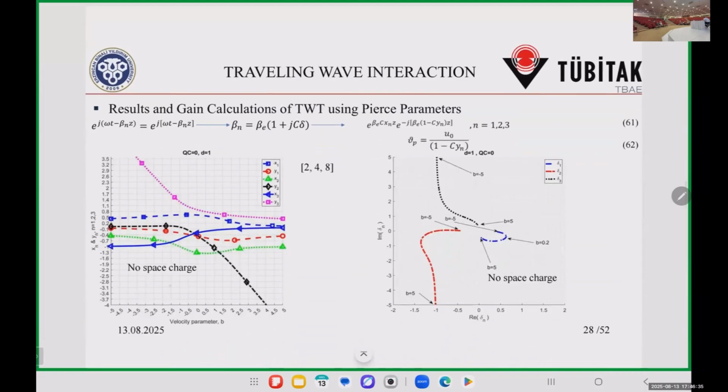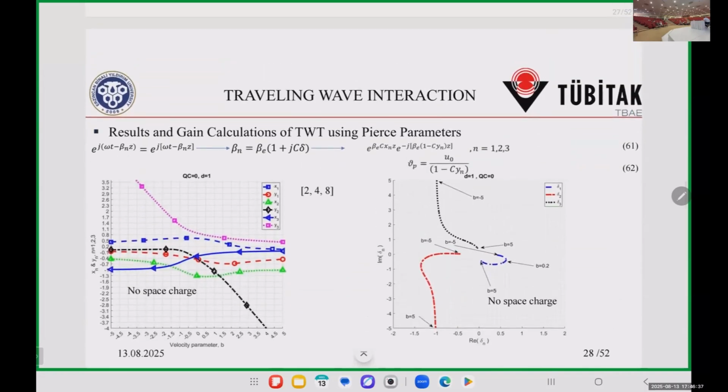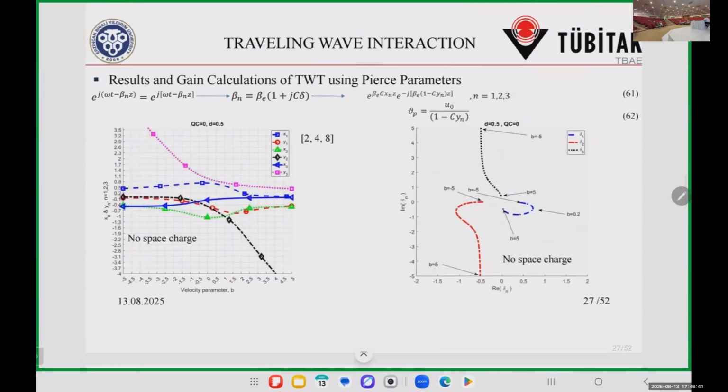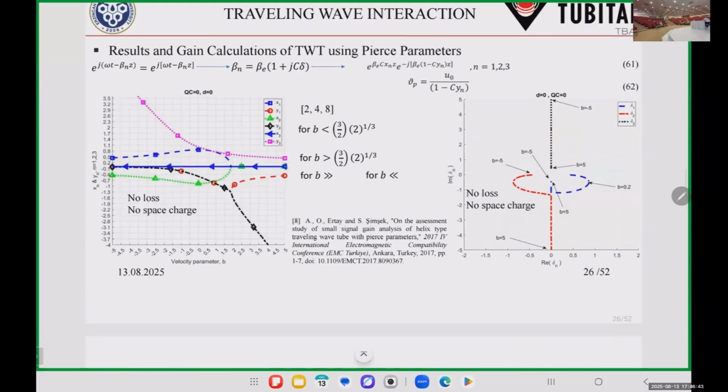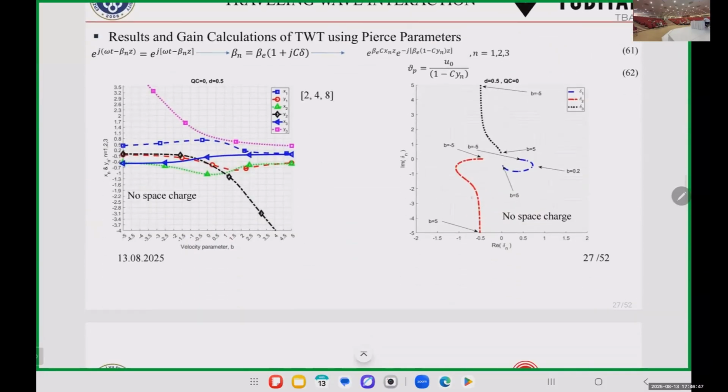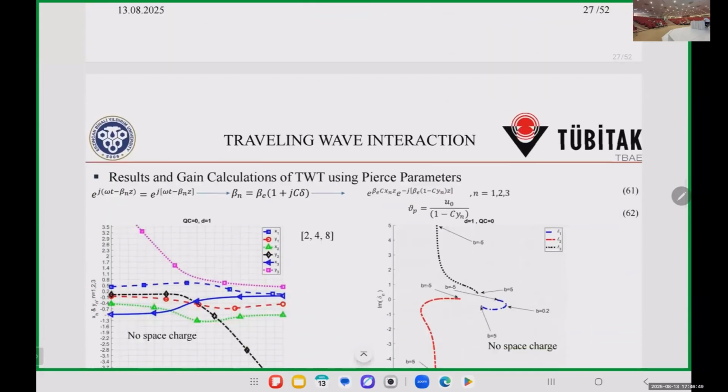So if we increase the circuit loss, then we see here delta 1 goes to smaller. You can see delta 1 goes to smaller here.